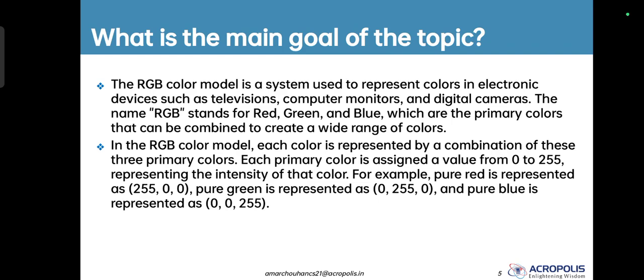Each primary color is assigned a value from 0 to 255, representing the intensity of that color. For example, pure red is represented as 255, 0, 0. Pure green is represented as 0, 255, 0, and pure blue is represented as 0, 0, 255.